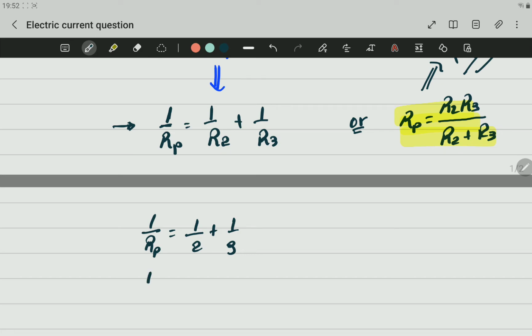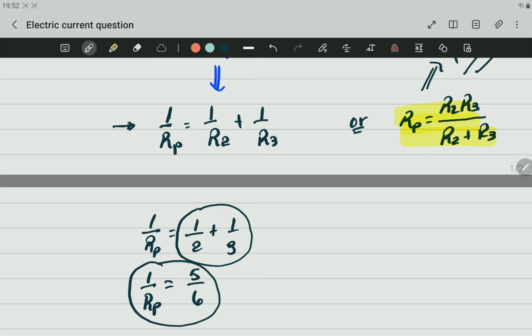For 1 over Rp, when you solve this side as it is, you can use your calculator, you will get that the answer is 5 over 6. So guys, this is not the answer. Now all you have to do is switch places and say that Rp is equal to 6 over 5 because it is the inverse.